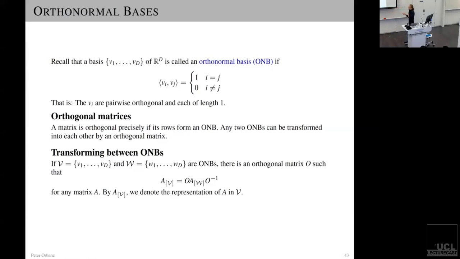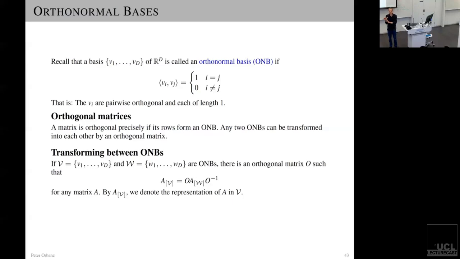The way we transform between two of these orthonormal bases is, we have one orthonormal basis here and one orthonormal basis here. Then there is some orthogonal matrix O that maps between them. If we take some matrix A and represent it in this basis, I wrote this as A sub V here. Think of the matrix as a linear map.